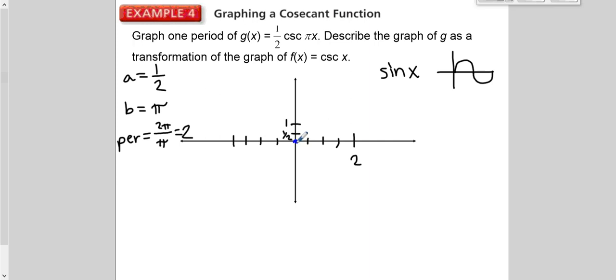Sine starts in the middle, top, back to middle, down 1/2, back to middle. Okay. Draw it on the other side.